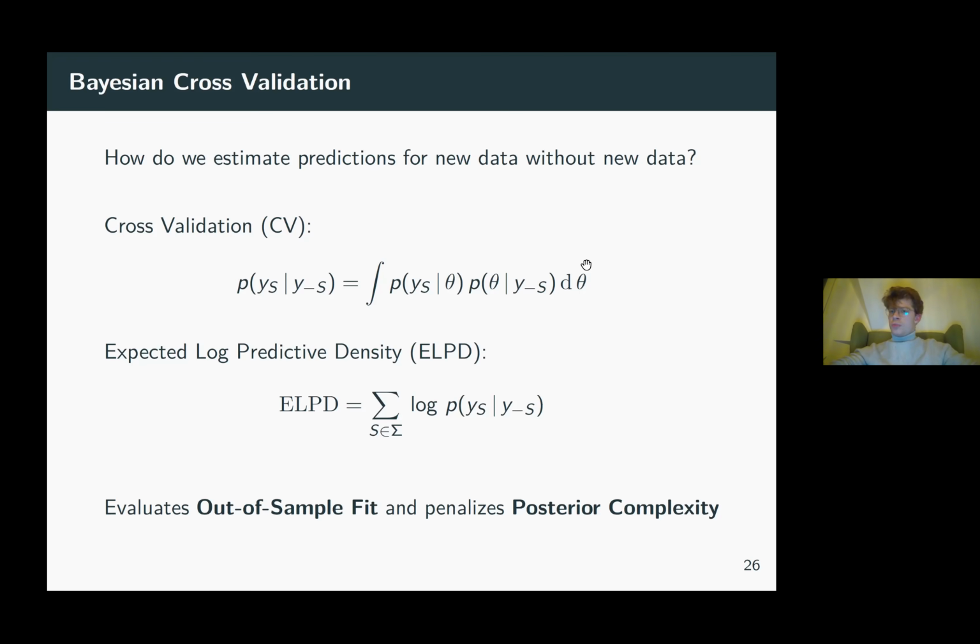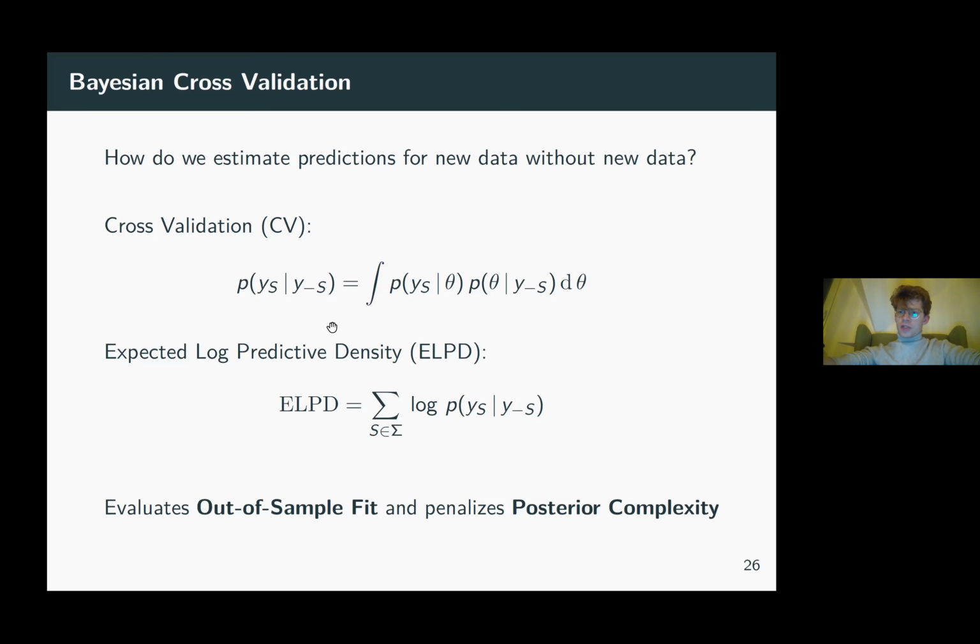So in cross-validation, we not only do one data split, but we do a lot of data splits. The first formula on this page, p(y_s given y_minus_s), means y_s is our test data, so the new data, and y_minus_s is all the data not in our test data, that is the training data.